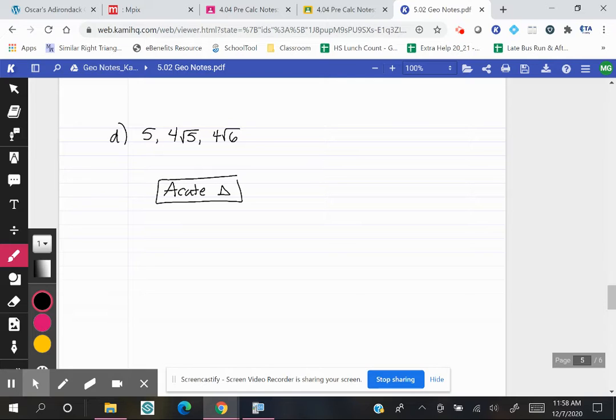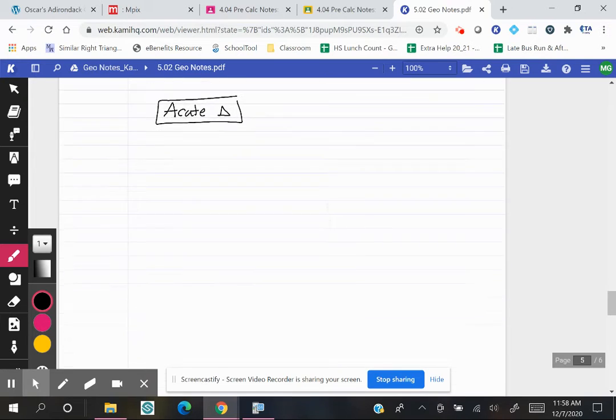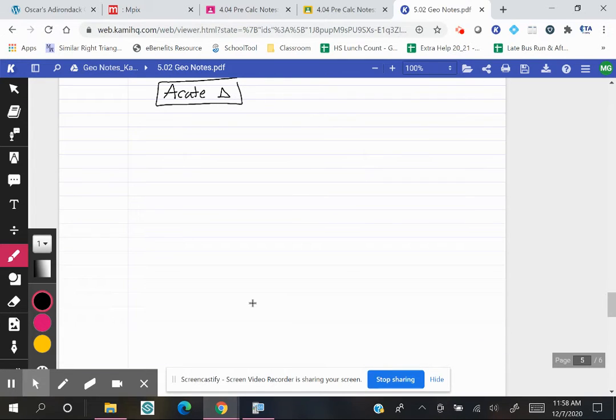All right, so that is using our Pythagorean theorem to tell if something's a right triangle, acute, or obtuse. And then we also talked about using the Pythagorean theorem to find the missing side of a right triangle as well. So the last thing we're going to talk about is our triangle inequality theorem.